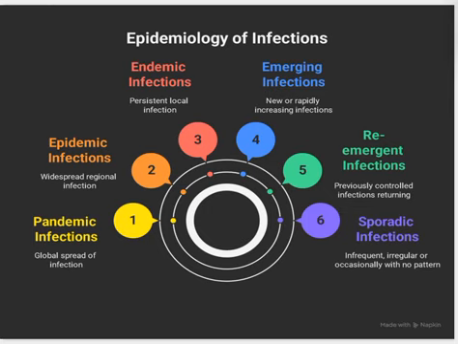Emerging infections are new or rapidly increasing diseases, while re-emerging infections are those previously controlled but now returning. Sporadic infections occur irregularly and infrequently. This classification helps public health efforts by showing patterns of infection spread and guiding prevention strategies.